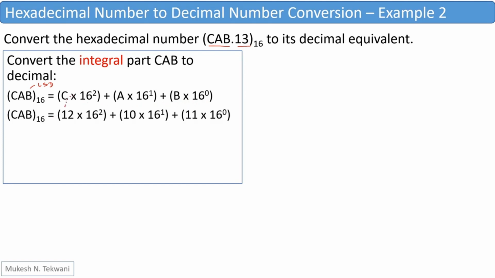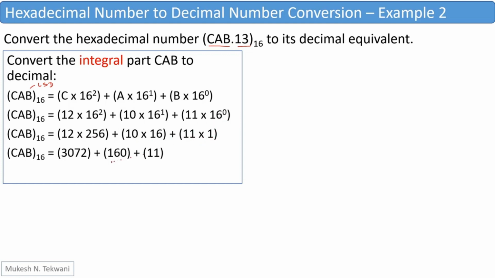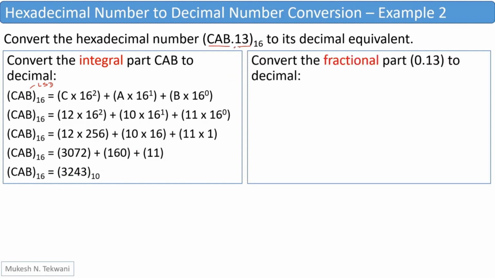We substitute the equivalent decimal value for C, 12 into 16 square, plus A is replaced by 10 into 16, plus B has the equivalent decimal value 11 into 16 raised to 0. So this can be written as 12 into 256 plus 10 into 16 plus 11 into 1, as 16 raised to 0 is 1. And this has the equivalent value of 3243.